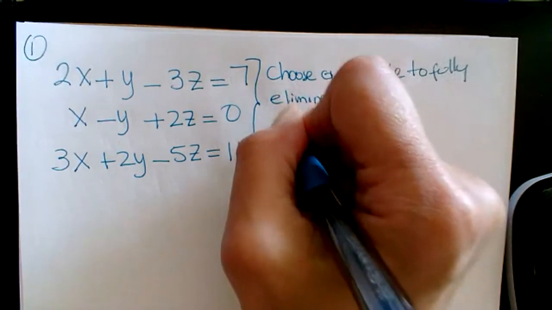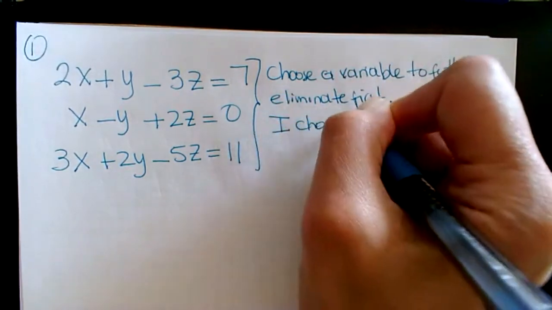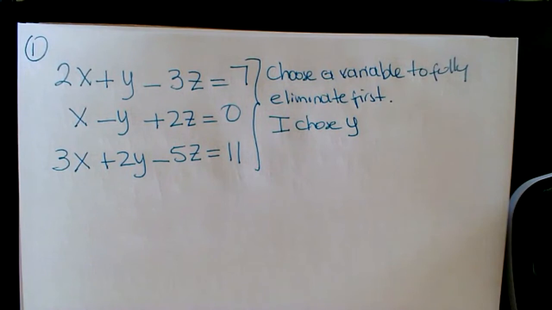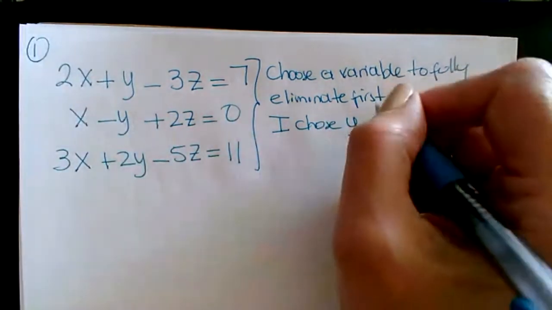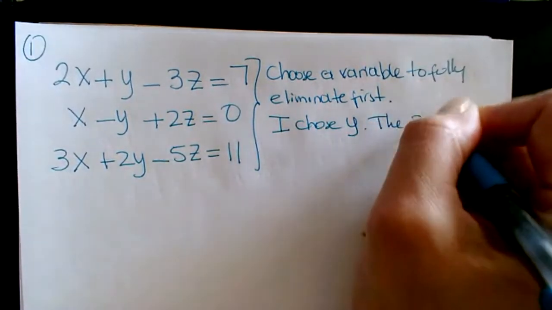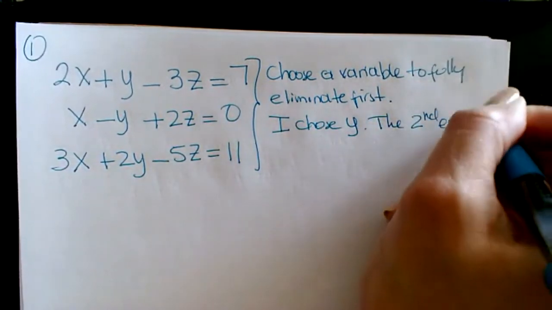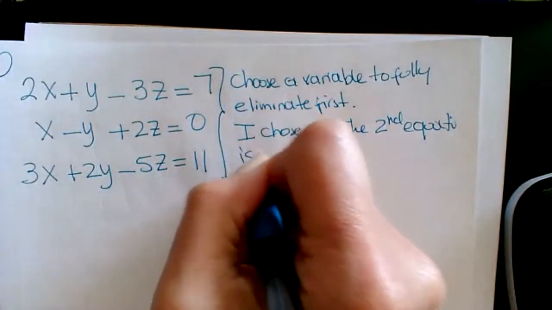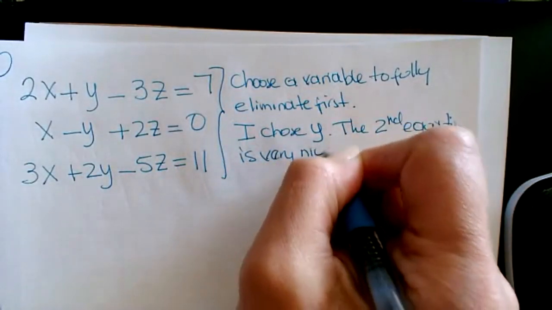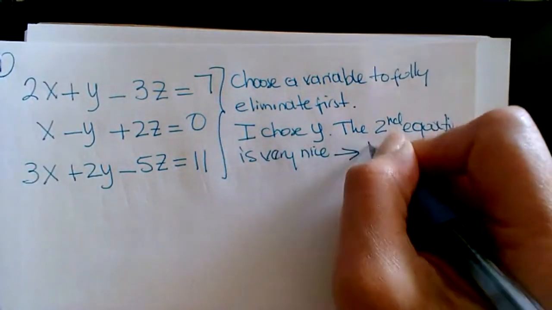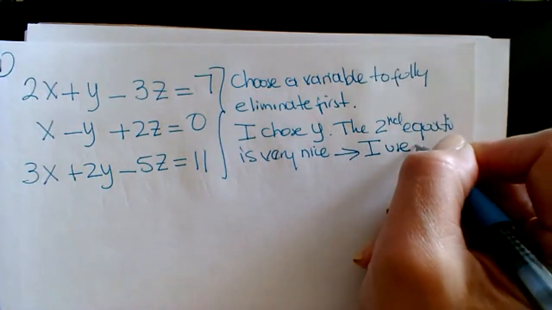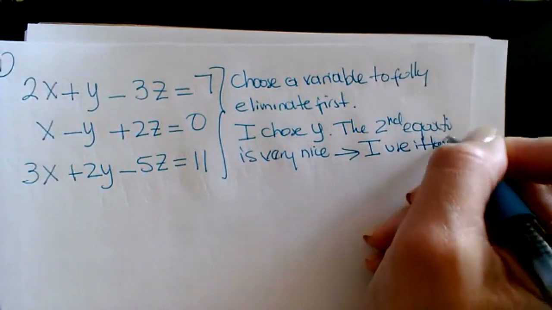So let's say I chose y. And the second equation is very nice, this one, so I use it twice. For y, it is very nice because there's no coefficient on the x and the y. I'm going to use it twice. All right?